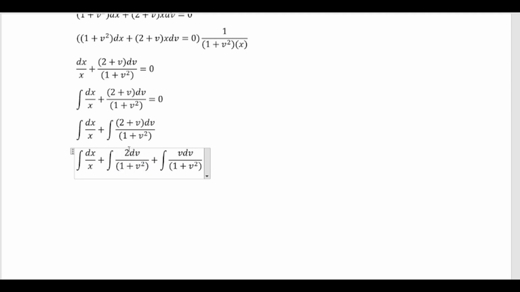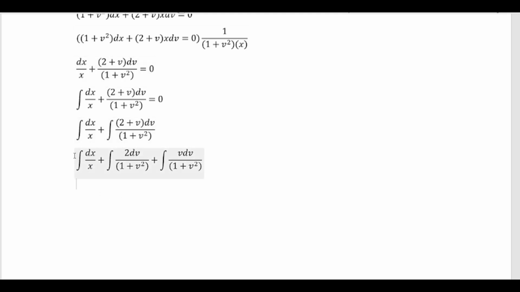But this one, we can actually move out 2 on the outside of the integral so that we will be left with 1 over 1 plus v squared. And this one has already a fixed formula, but I'll be teaching you how to get that one. We will do this step by step. Okay, let's focus on this one first, because that one's easy.